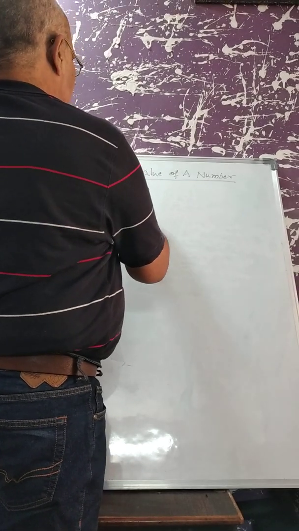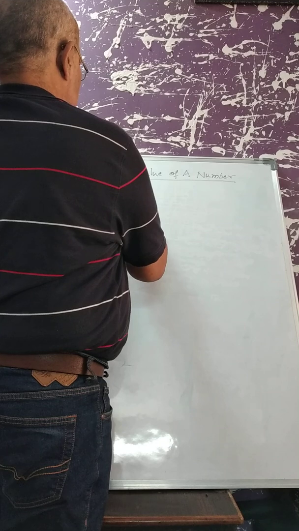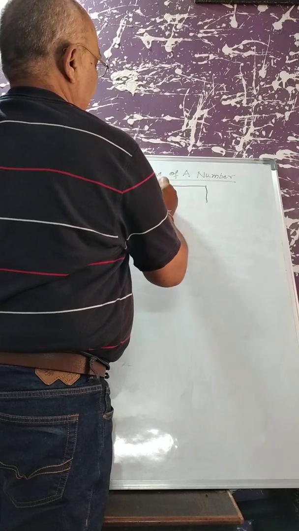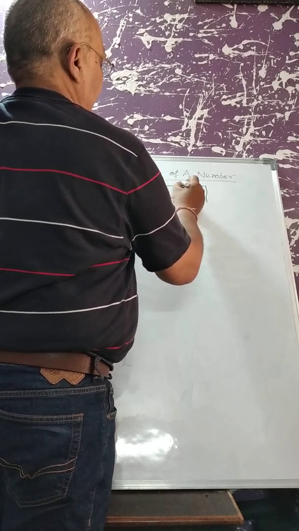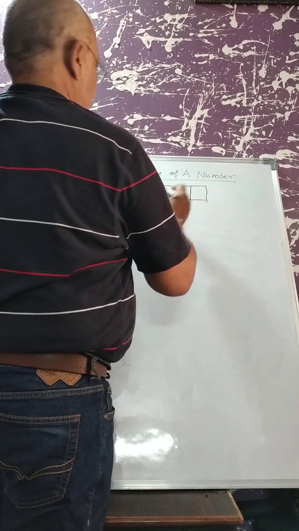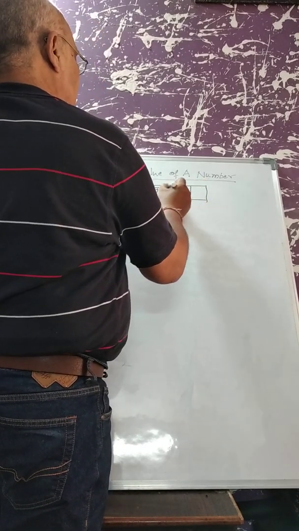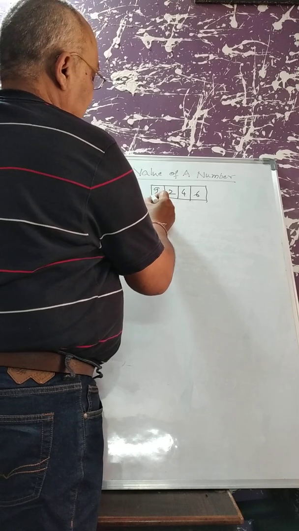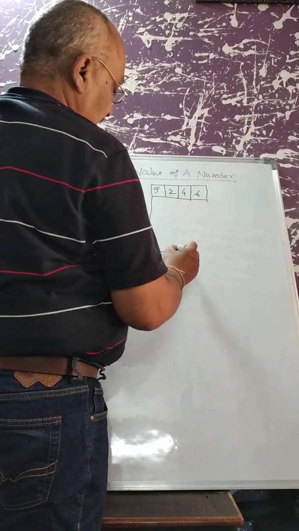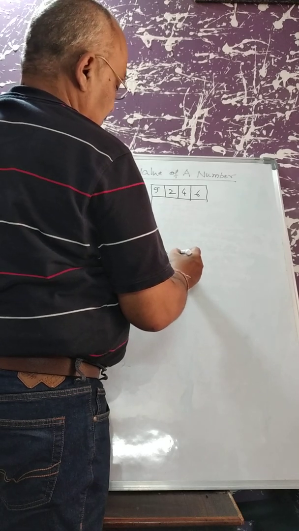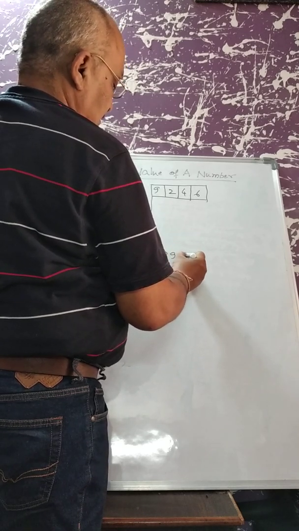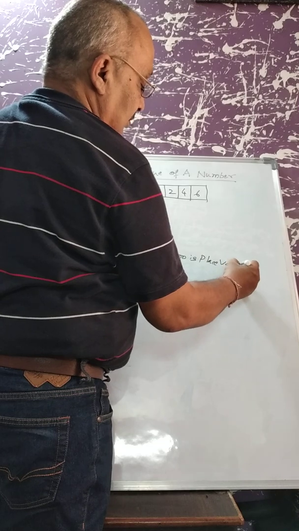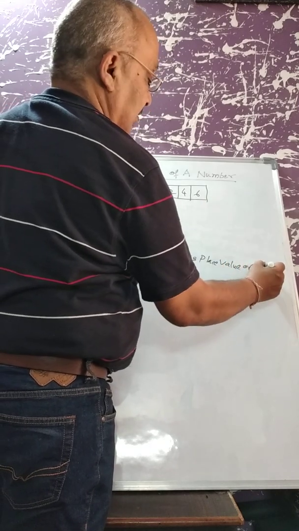Suppose the fourth example, we are taking a 4-digit number. The fourth example is 9, 2, 4, 6. At the place of thousands it is 9. So 9000 is the place value of 9.